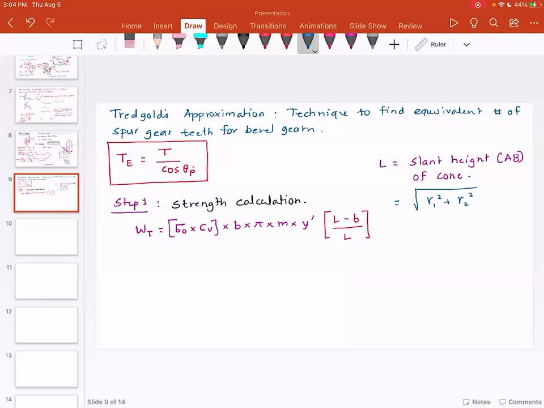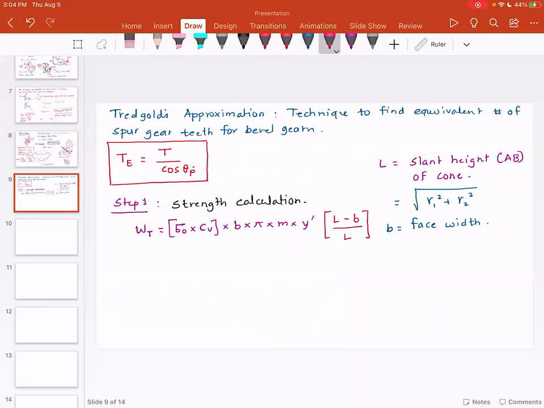So using the Pythagorean theorem, we can find this out. And B is the face width. Sigma O is the strength of the material. CV is the velocity factor.